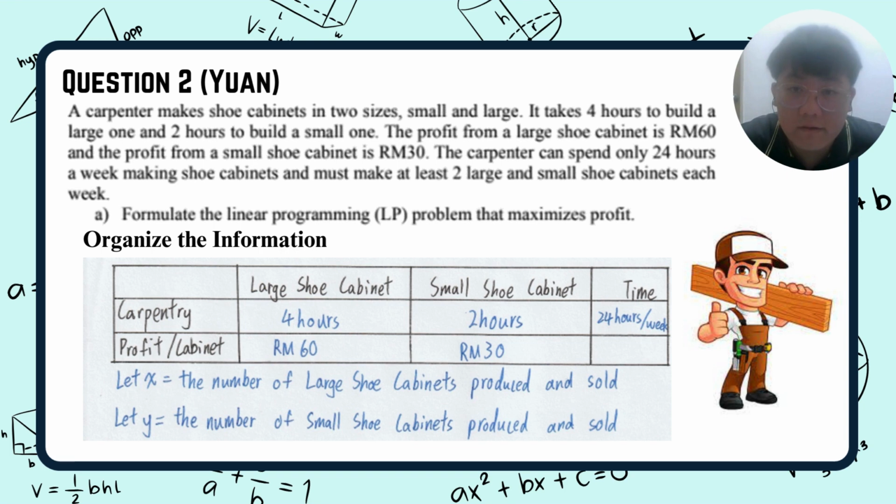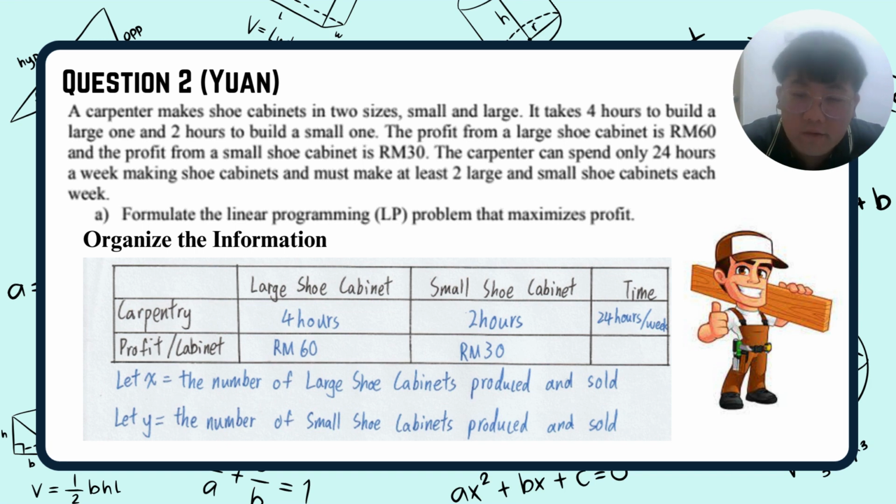As we know, the large one takes 4 hours to build, and the small one takes 2 hours to build. We write down the carpentry column first, and then the time limited to 24 hours per week. The question also mentioned that the profit per cabinet is 60 ringgit for the large one and 30 ringgit for the small one. So we write them into the table.